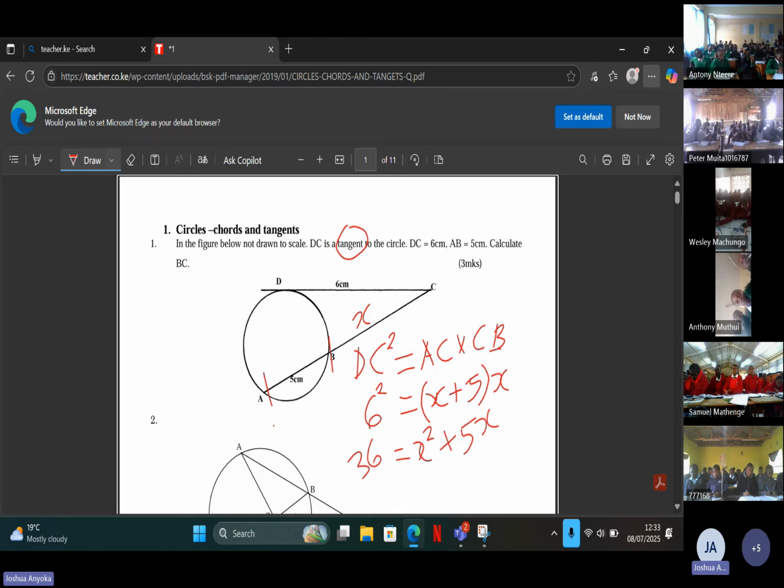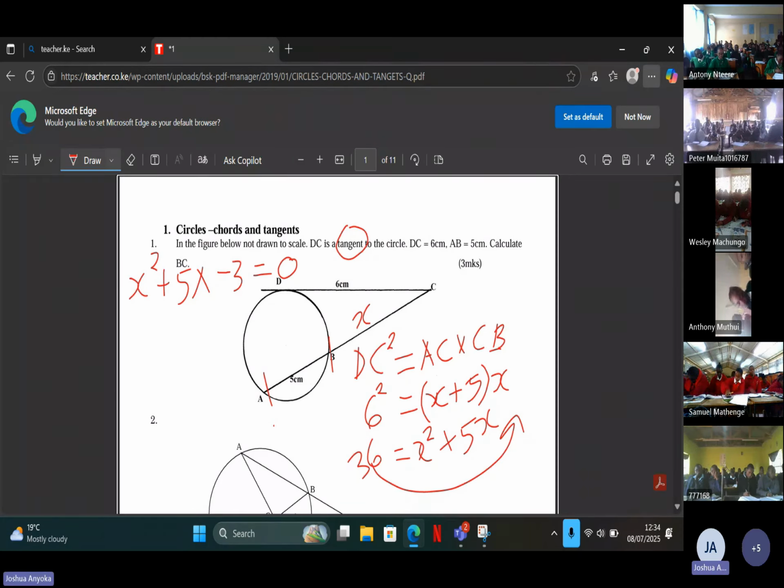You rearrange the equation and get a quadratic equation: X squared plus 5X, we take the 36 to the other side, which gives us minus 36, equals 0. Now, I would like you to work out this quadratic equation and give me the values of X.